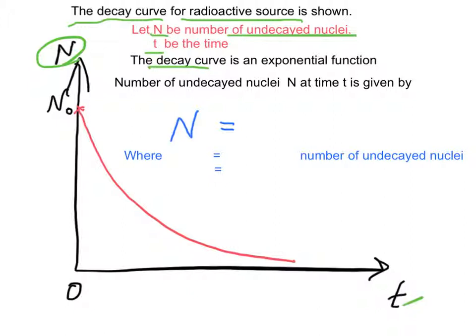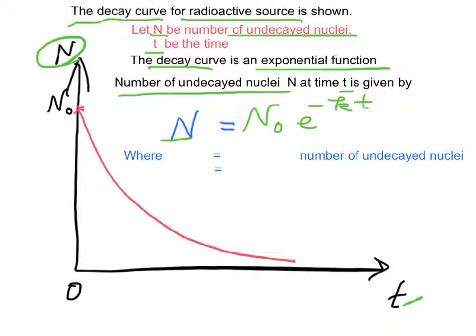The decay curve is an exponential function, which means that the number of undecayed nuclei n at time t is given by n equal to n naught e to the power negative kt, where n naught is the initial number of undecayed nuclei. K is the decay constant.